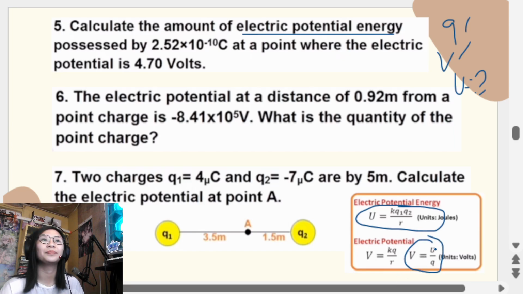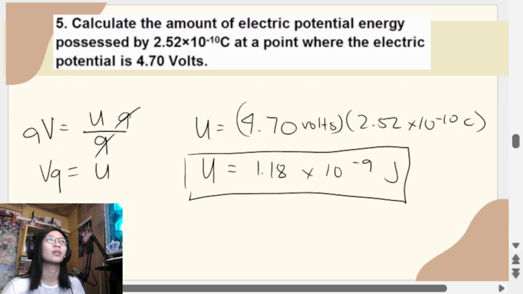So what we will use, since we have V, Q, and U, is the formula from electric potential. You just have to derive it.